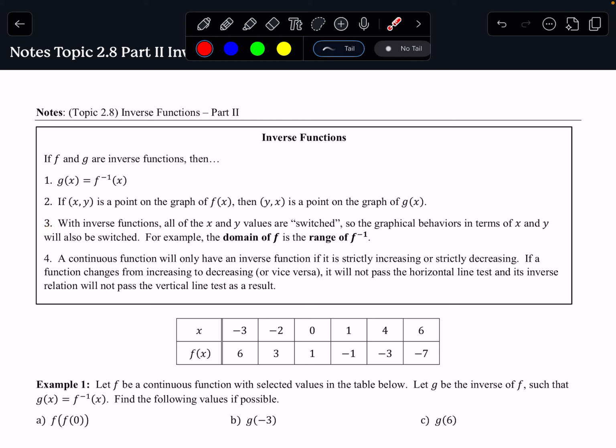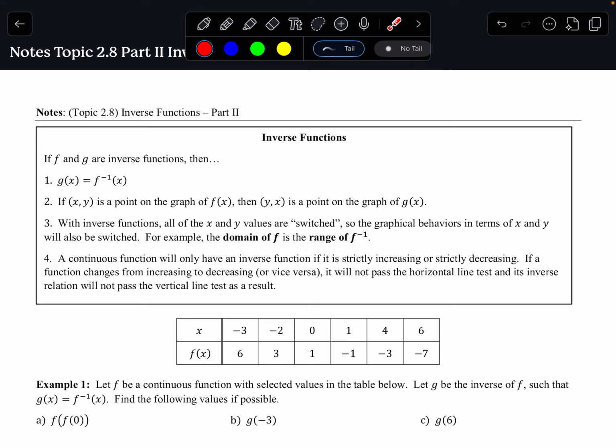Number 3. With inverse functions, all of the x and y values are switched, so the graphical behavior in terms of x and y will also be switched. For example, the domain of f is the range of the inverse.